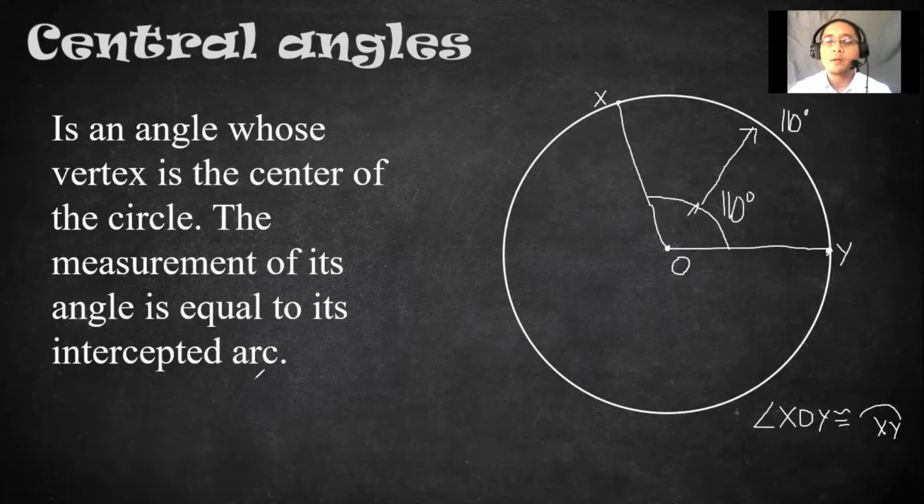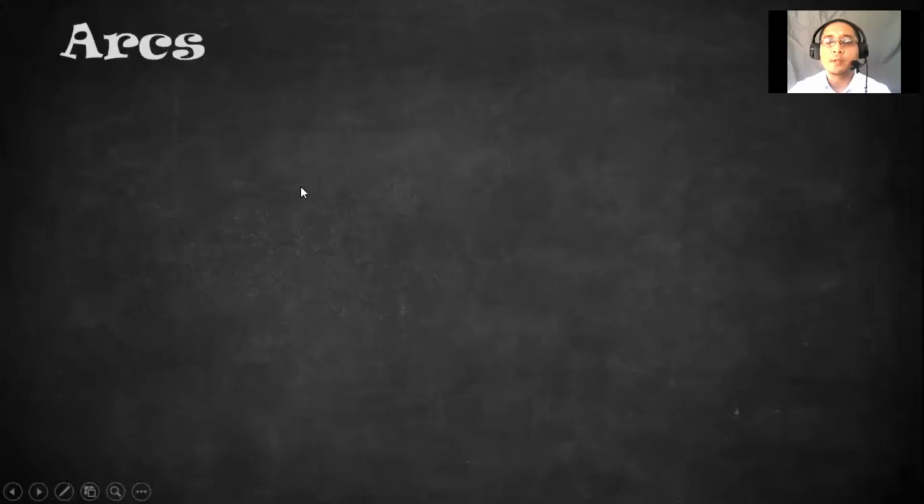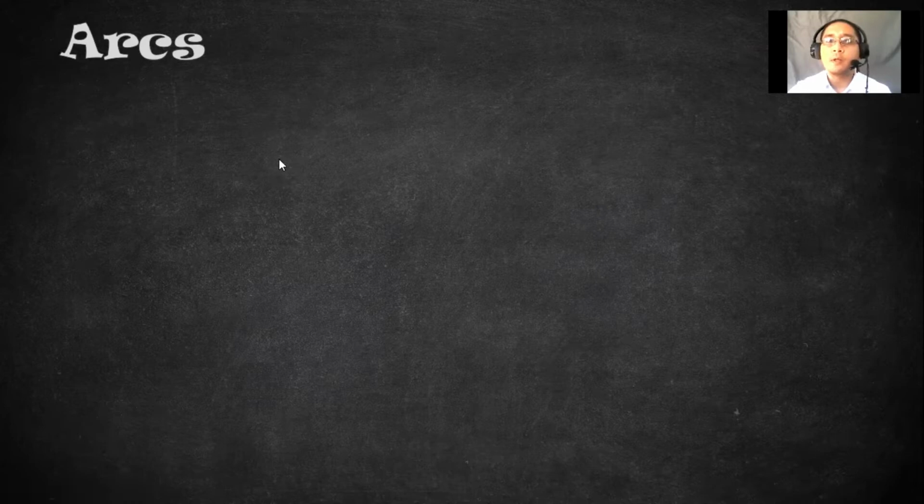Now, based on the given definition, we have here the word arc. Let us have a short discussion about arc. In our main agenda, which is the central angle, we must have information about the different arcs.